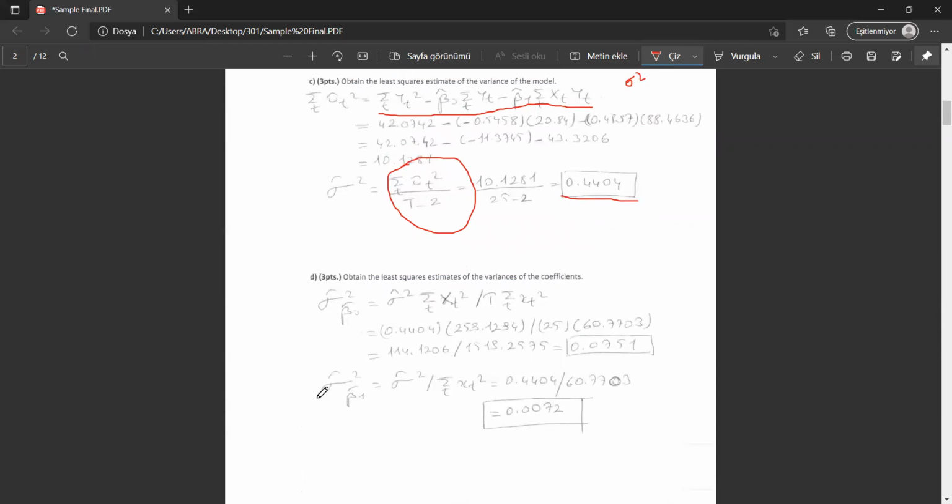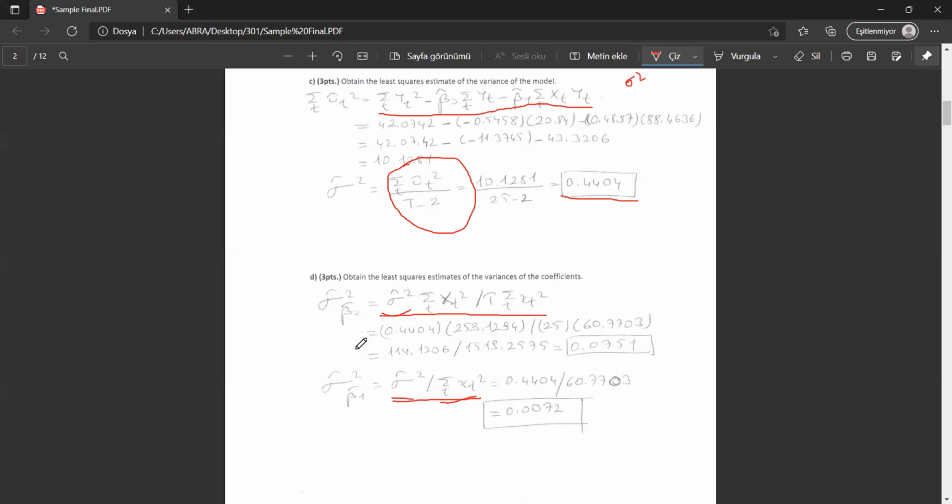For example, the variance of beta 1 hat is sigma squared over the summation of small xt squared. And the variance of beta 0 hat is sigma squared times the summation of large Xt squared over T times the summation of small xt squared.